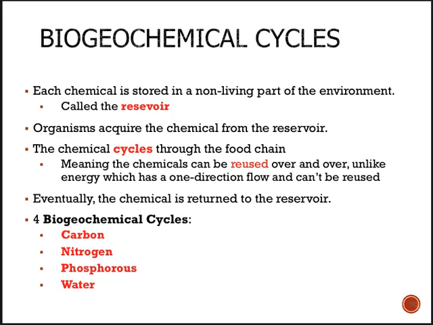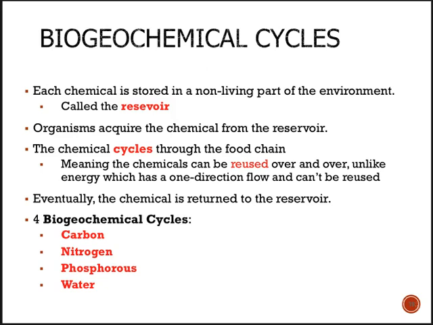All right. So as we go through these biogeochemical cycles, there's going to be some things that are in common to all of them. And that thing is called a reservoir. And a reservoir is where you're going to find the chemicals that we're talking about, and you're going to find these chemicals in non-living parts of the environment. So every single one we'll be talking about, especially the ones that your book brings up, are focusing on this concept of a reservoir.